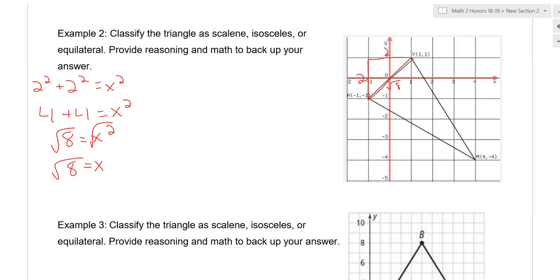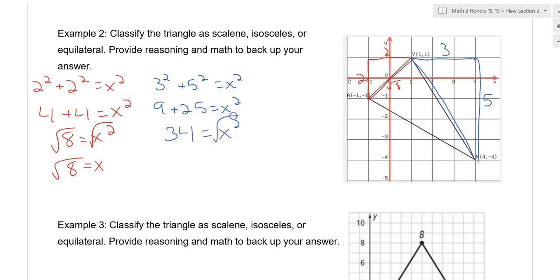Our next side, going from here to here, we go over 1, 2, 3, and then down 1, 2, 3, 4, 5. So this side is the square root of 34.